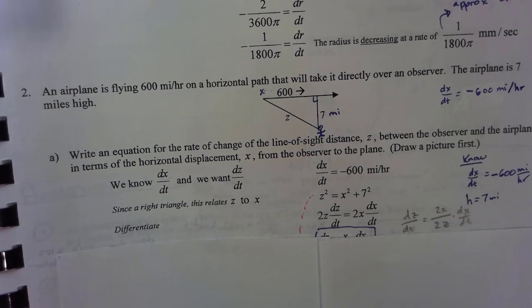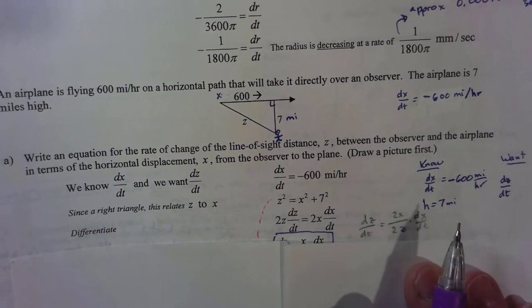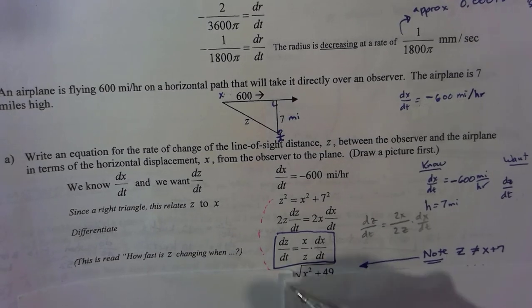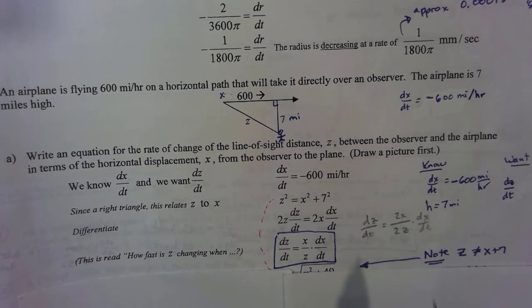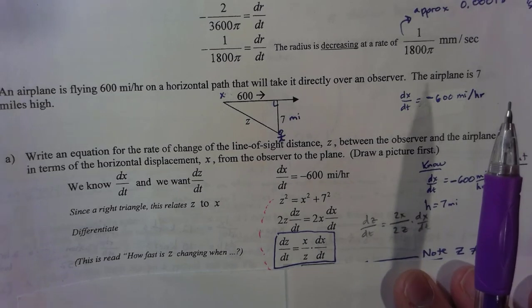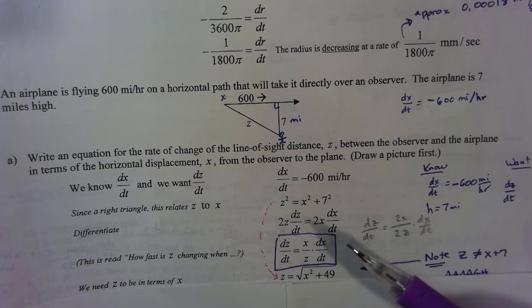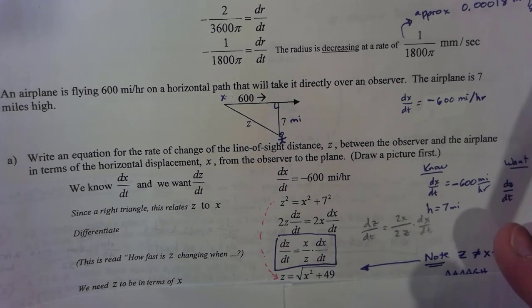And I am solving for dz/dt. So I'm going to write this equation solving for dz/dt. Notice that the 2's are going to cancel, and there it is. Now, that is my equation relating z to x.